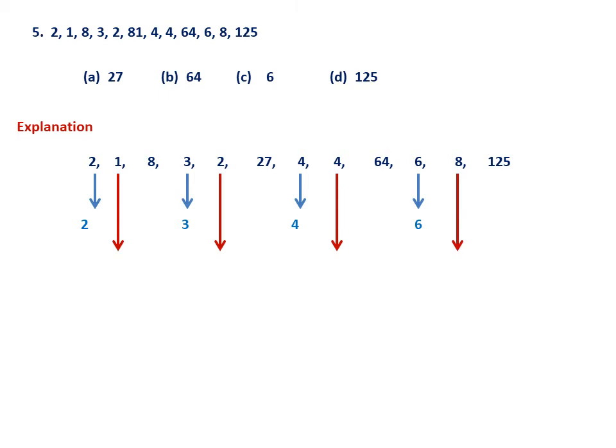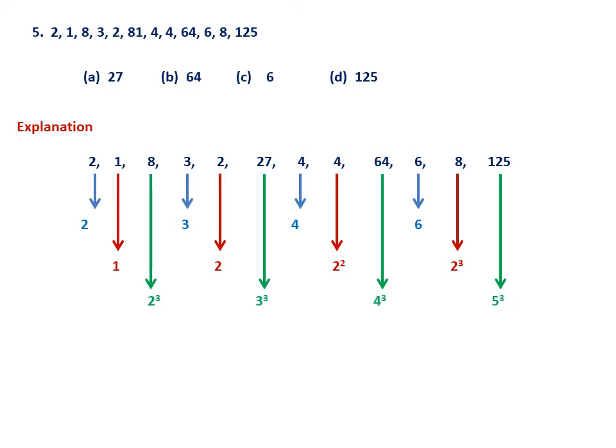So next, look at this one. First one is 1, second one is 2, third one is 2 square, 4 means it is 2 cube. Next, if you take 8, 27, 64, 125, 8 is actually 2 cube. This is 3 cube, 4 cube, 5 cube.